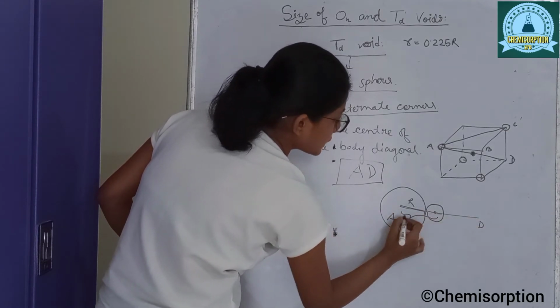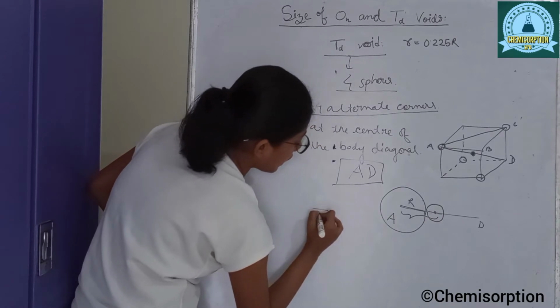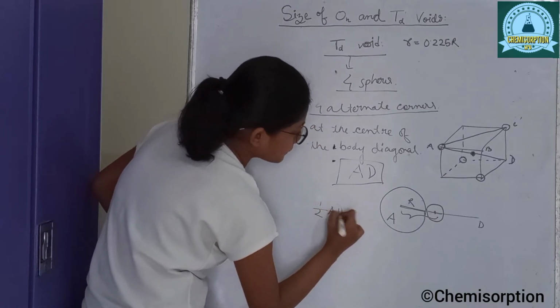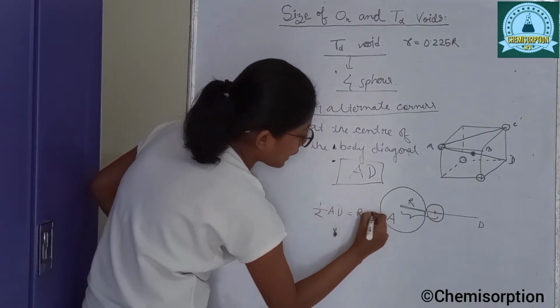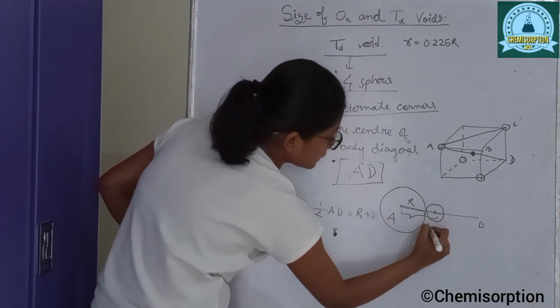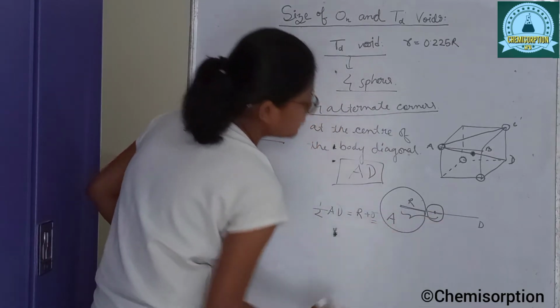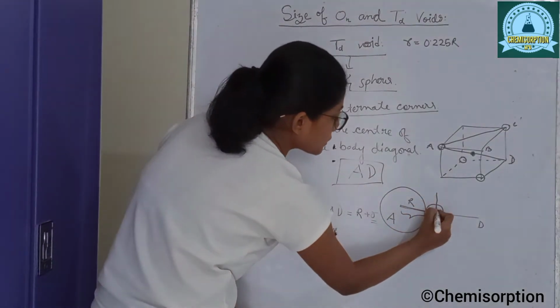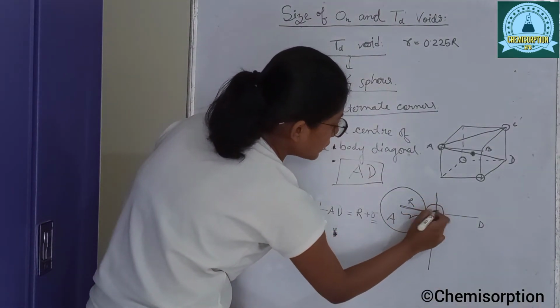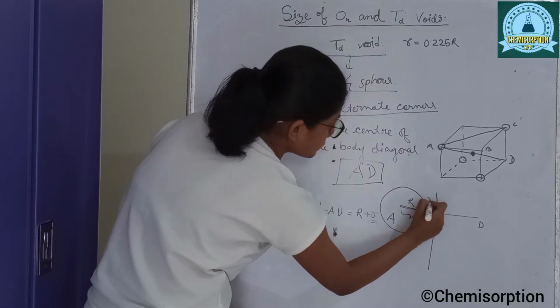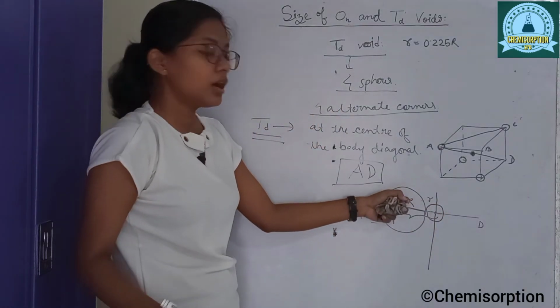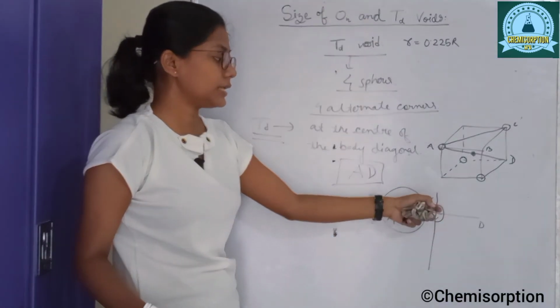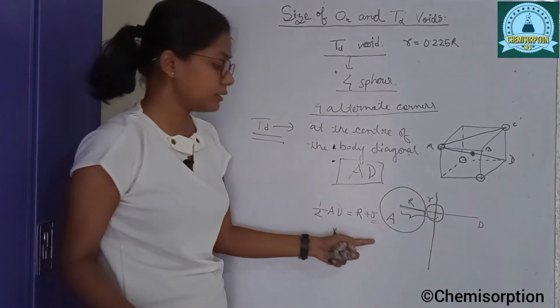Therefore half of AD is equal to R plus r, where r is the radius of this void. So half of AD is equal to the radius of the sphere and the radius of this tetrahedral void.